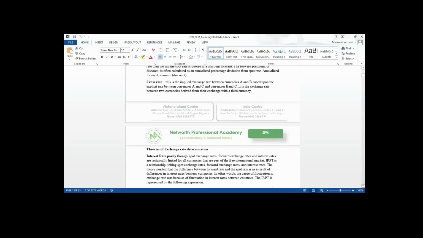The interest rate parity theory states that the differences between two country currencies occur as a result of differences between the interest rates between the two countries.